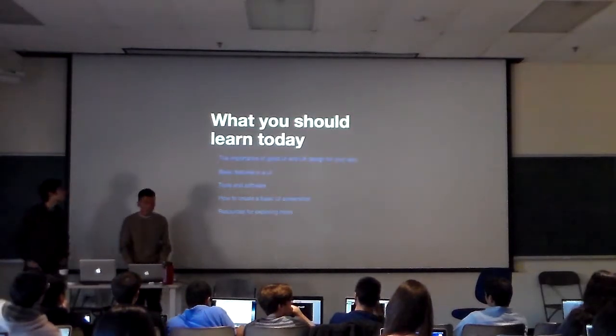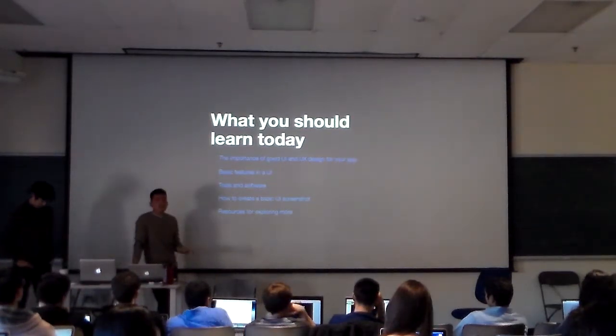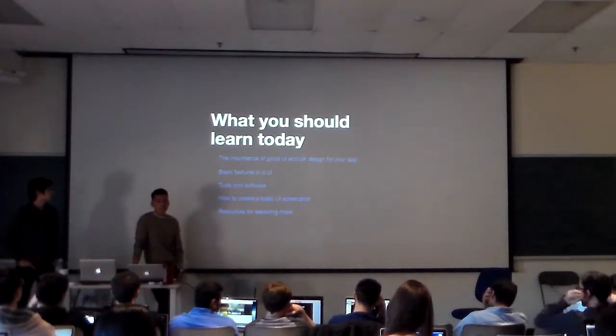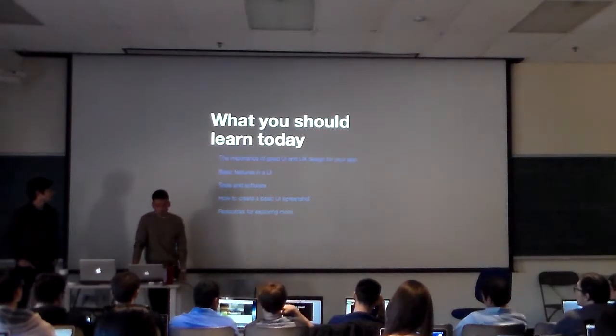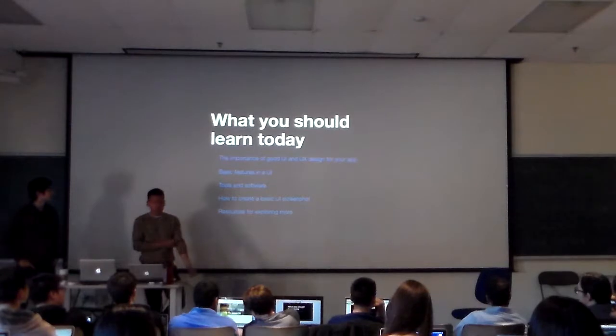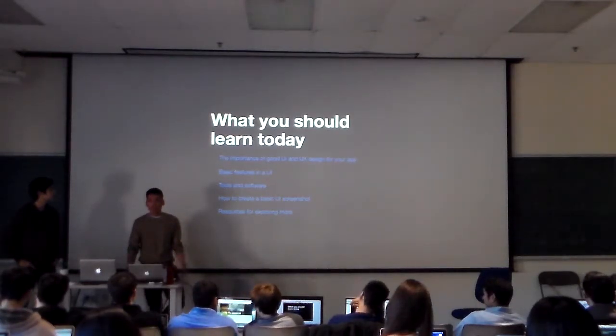Okay. So what we want you guys to learn today, basically, we want you to know what user interface and user experience can really do for your app. It's really going to help you guys to learn what good design is and to try and implement these principles. That'll really help your app stand out in the crowd. We want to go over some of the basic features in a UI, so like buttons and combination of icons and text.